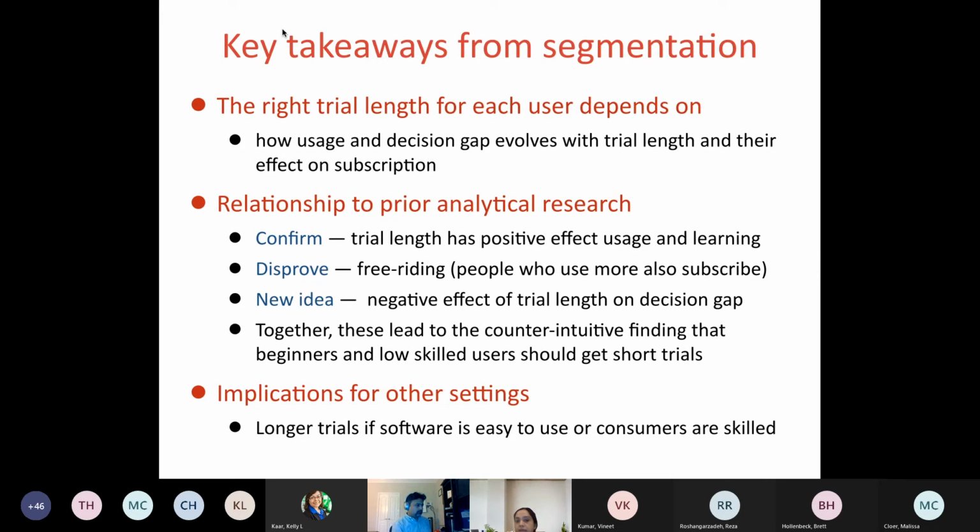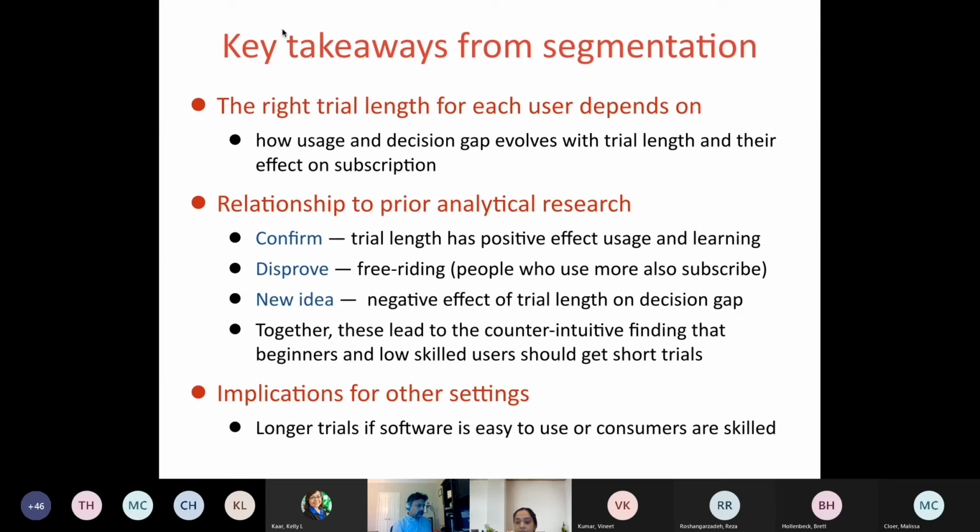Together, these three results lead to this counterintuitive finding that for beginners and low-skilled users, you should actually give shorter trials rather than longer ones, because, especially for more complicated products, they end up not using the product so much, and they end up having these long gaps of non-usage, and there is really no free riding happening.